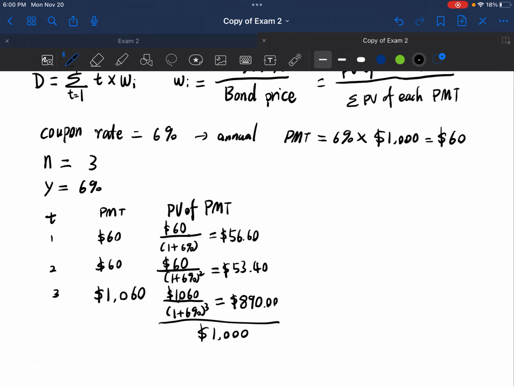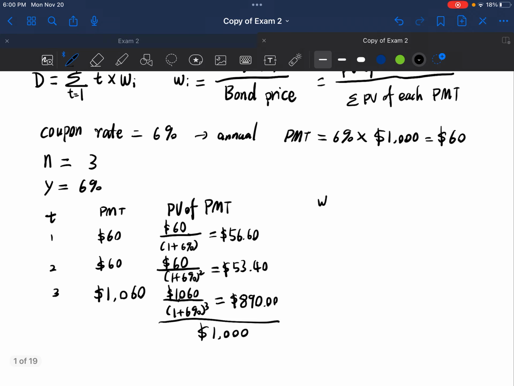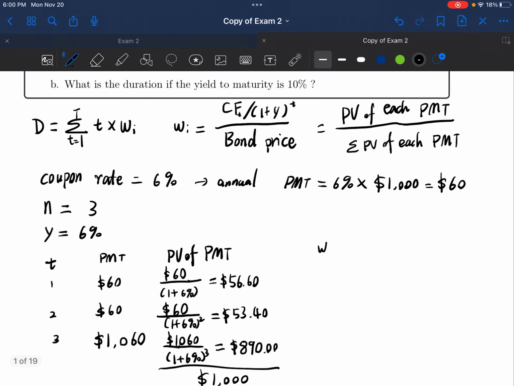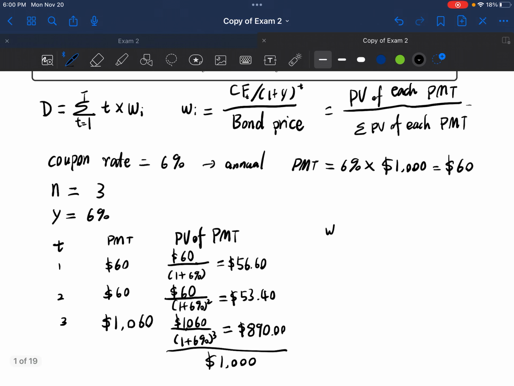Okay. Now, let's calculate the weight. Weight is simply using the equation above. That's the present value of each payment over the summation of each payment. Here we add them together, it gives us $1,000.